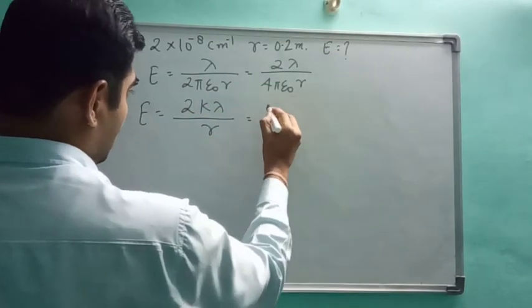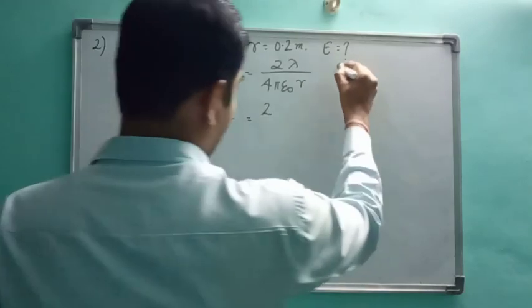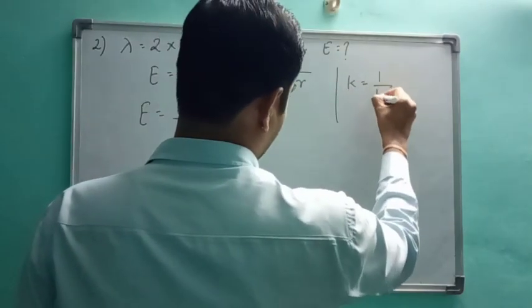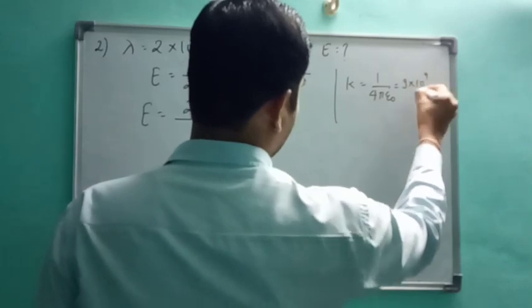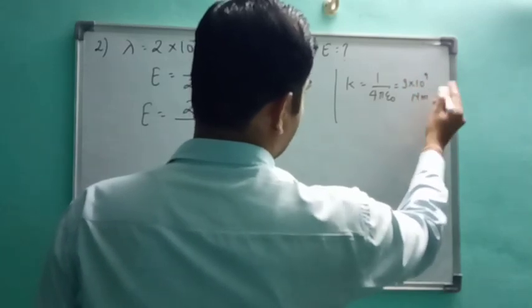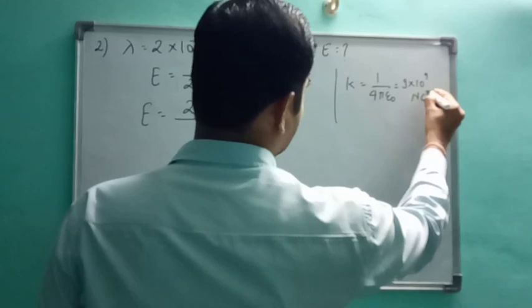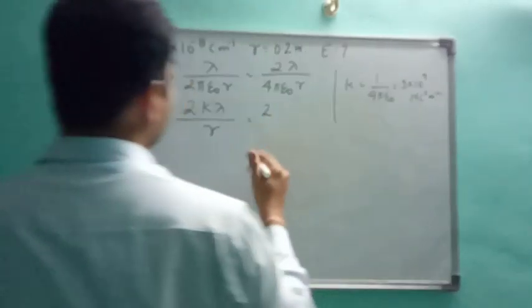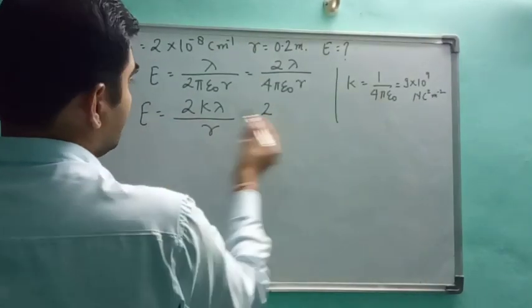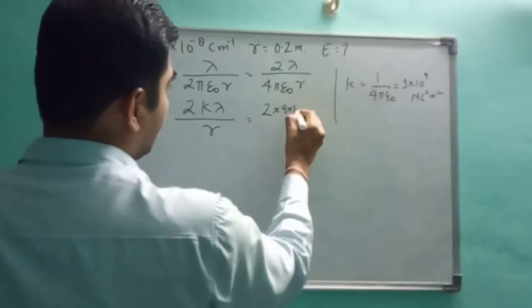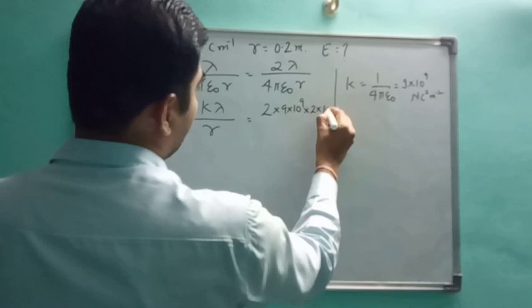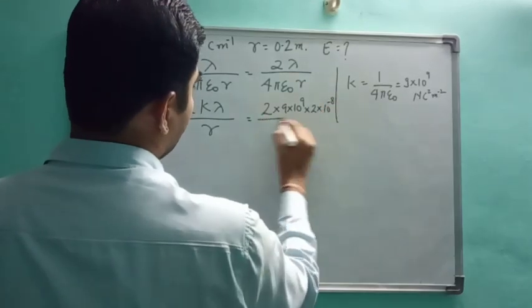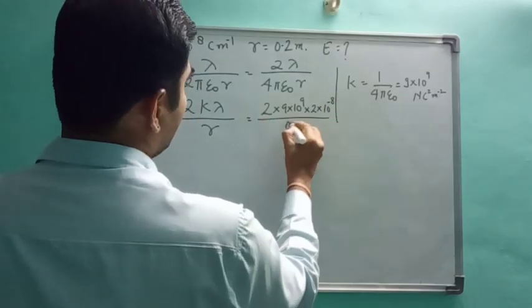Now put the value of k, 1 upon 4 pi E naught, 9 into 10 to the power 9 Newton meter square coulomb minus 2. So 2 into 9 into 10 to the power 9, lambda is 2 into 10 to the power minus 8, upon R value 0.2.